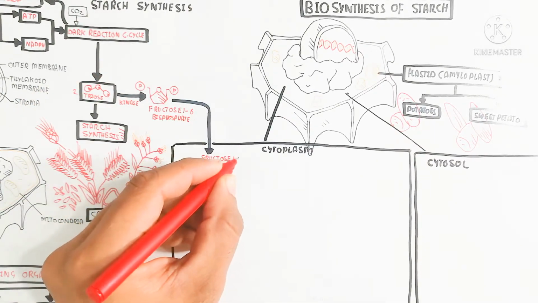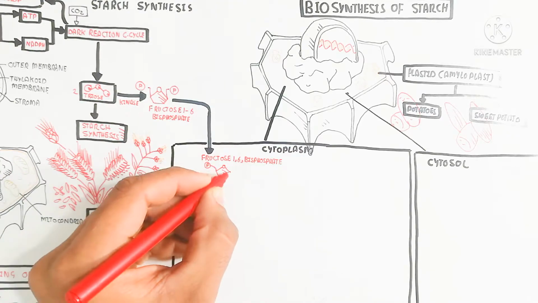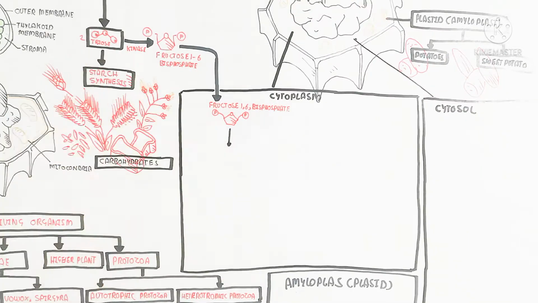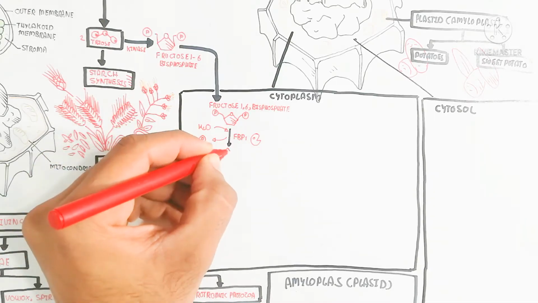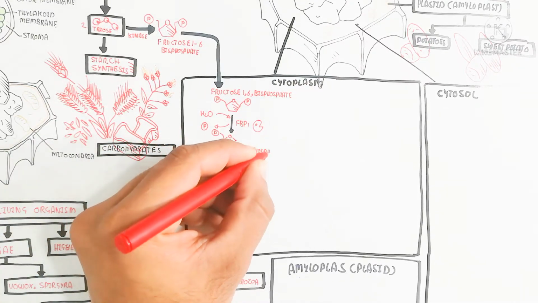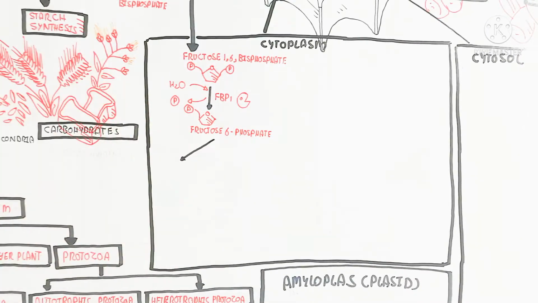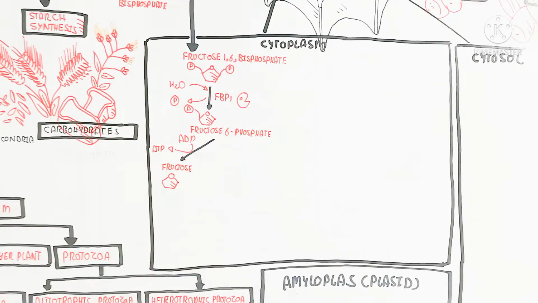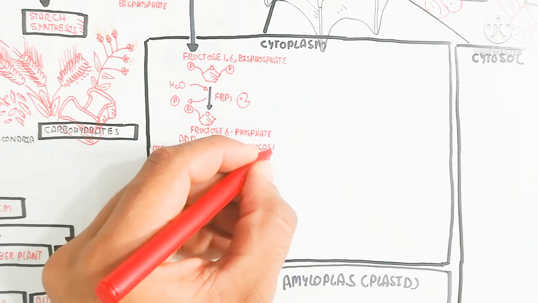This fructose 1,6-bisphosphate also comes from glycolysis, in reverse. Fructose 1,6-bisphosphate produces fructose 6-phosphate in the presence of fructose bisphosphatase 1, with water addition, and the phosphate group is released to form fructose 6-phosphate.